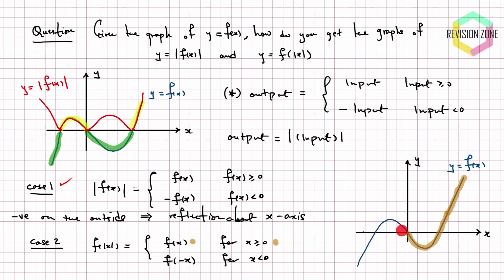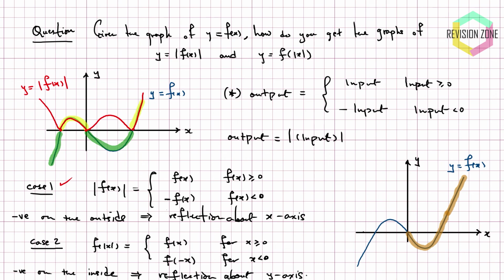I'm actually going to have a reflection in the y-axis of this part here, put on this side, okay? So let me write that down first and then I'll draw the graph. So I'll say negative on the inside implies reflection about y-axis.